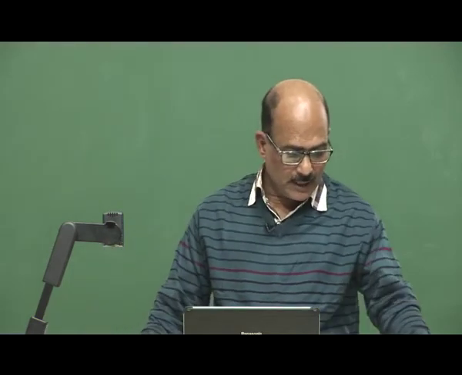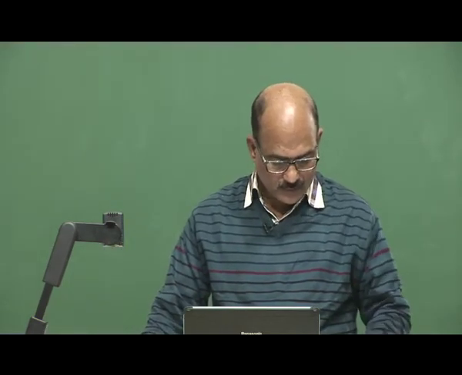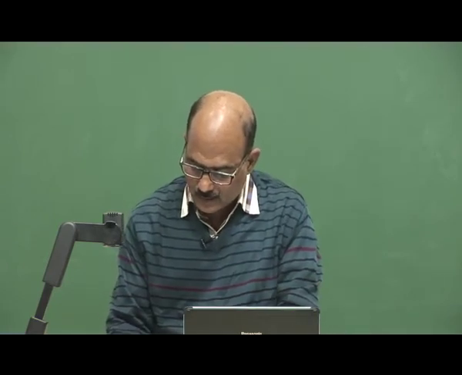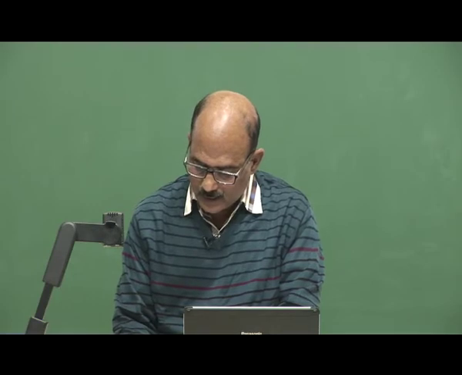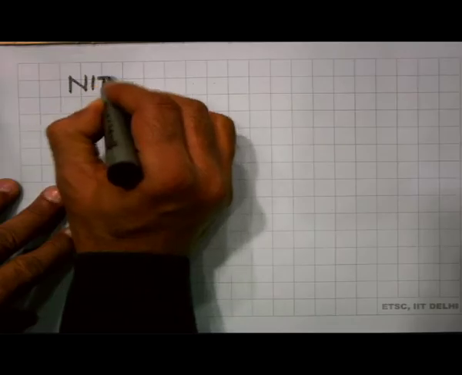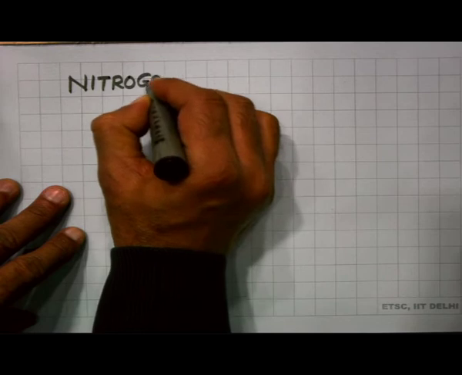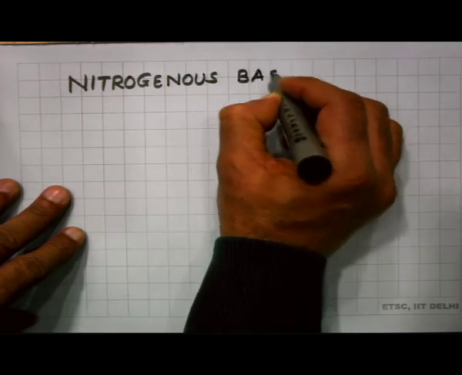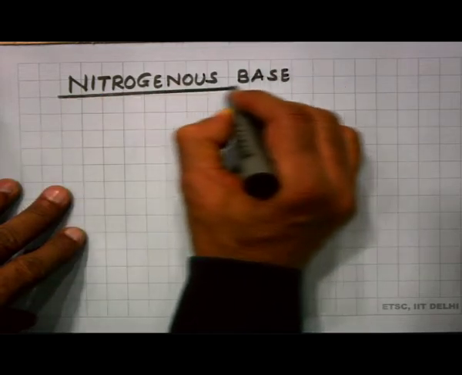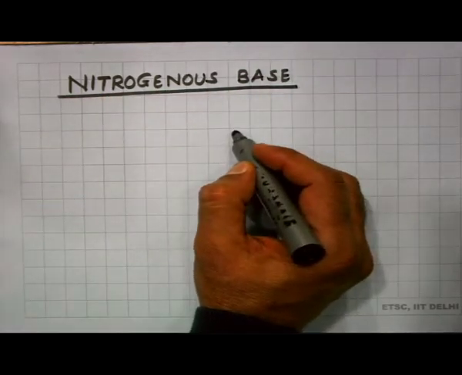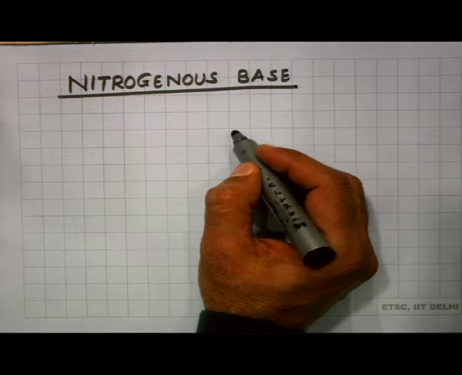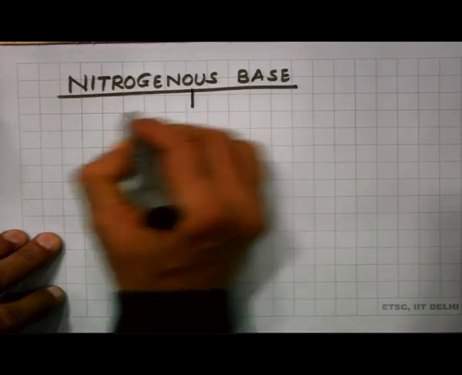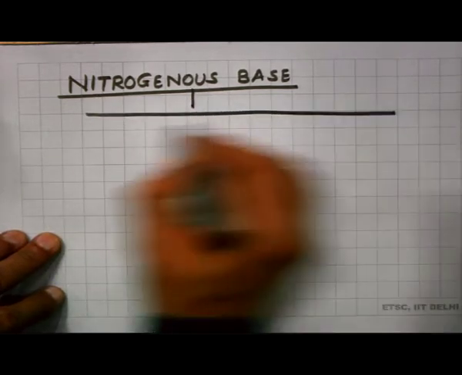So, firstly you can divide the nitrogenous bases. The nitrogenous bases are of 2 types. These nitrogenous bases are made by 2 types of structure that have been divided.